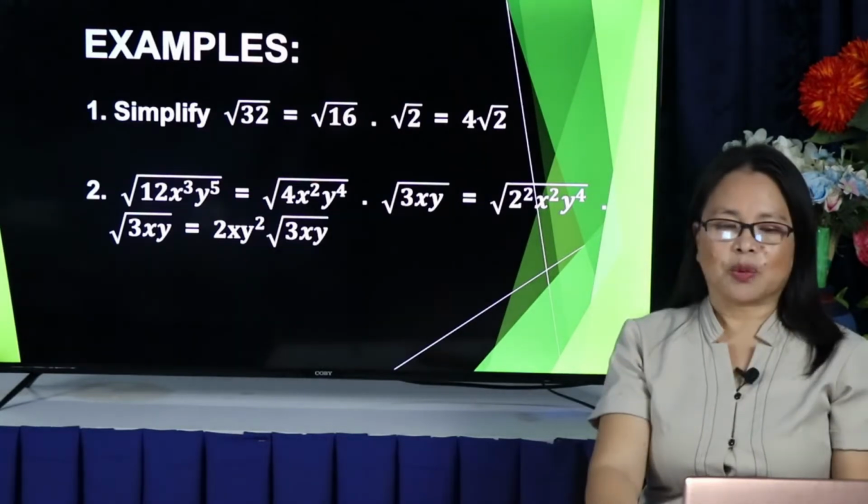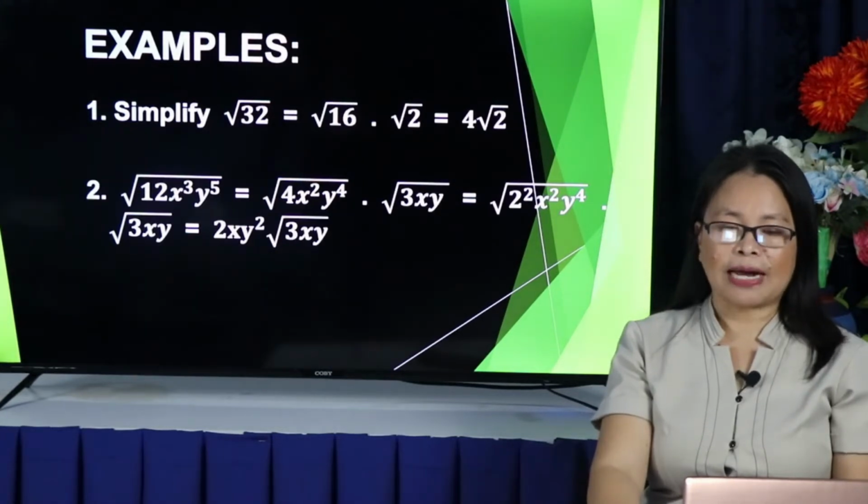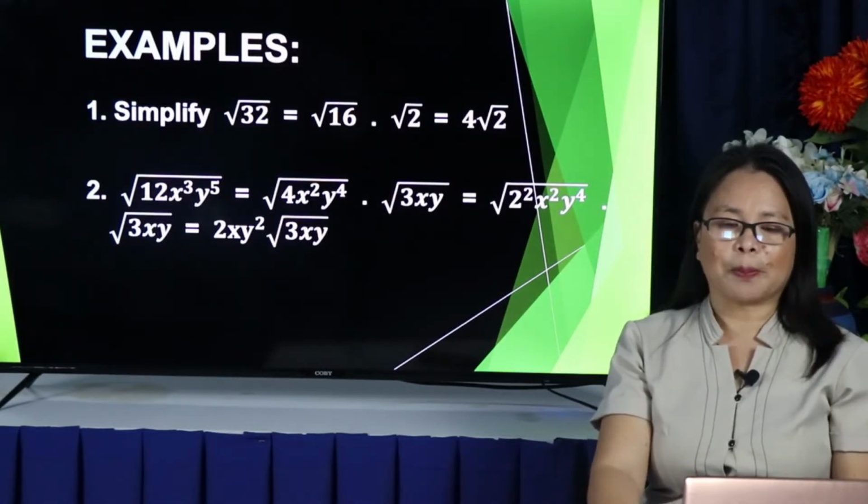Simplify. The square root of 12 x cubed y to the 5th power. Find the factors of 12 x cubed y to the 5th power, in which one of the factors is a perfect root and the other is not.